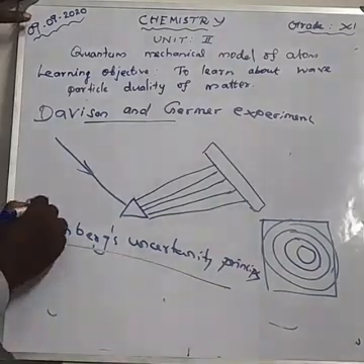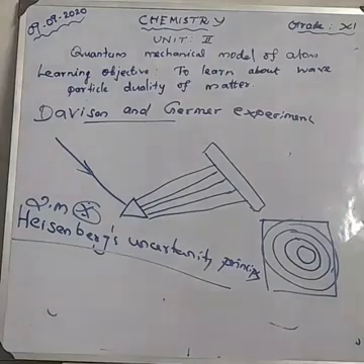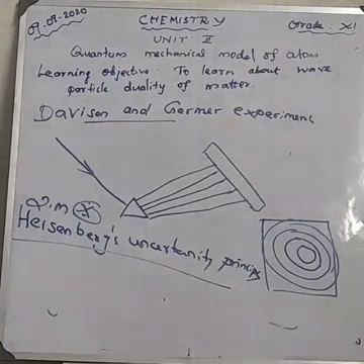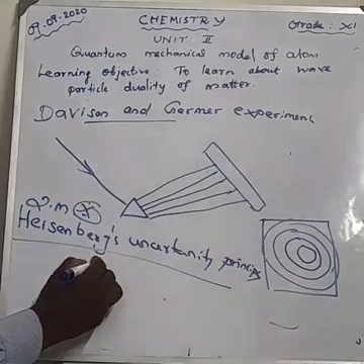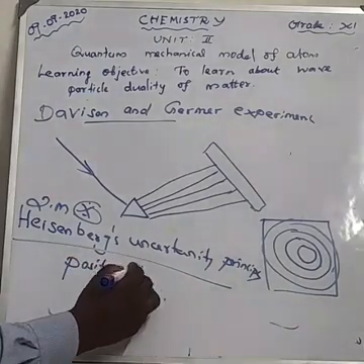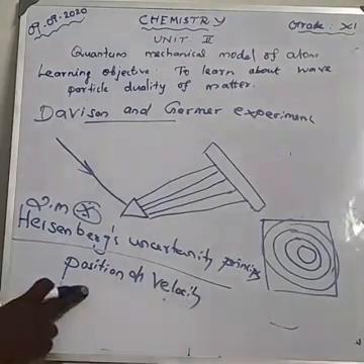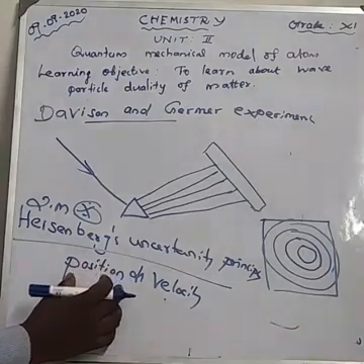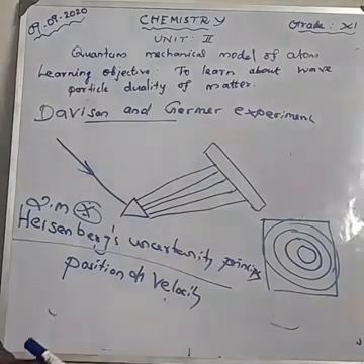One of the 2-mark questions, very, very important question: Heisenberg uncertainty principle. It means it is impossible to measure simultaneously both the position and velocity of a microscopic particle.